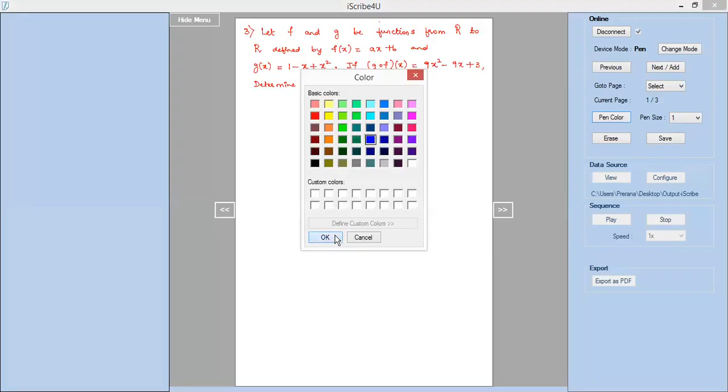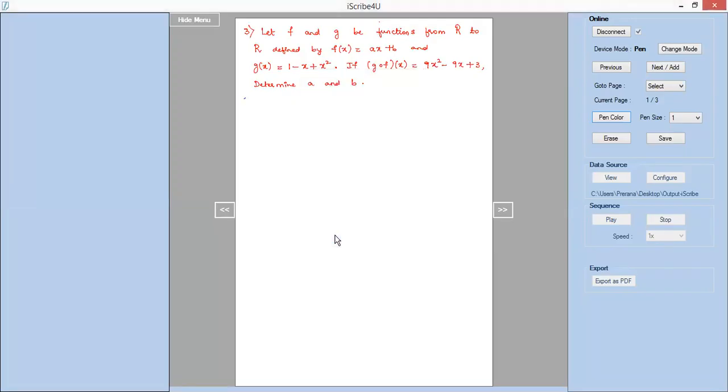Again, based on the definition of composition of functions, we will be proceeding to do the problem. So solution, it is given that G composition f of x is equal to 9x square minus 9x plus 3. Now from the definition, G composition f of x can be written as G of f of x.